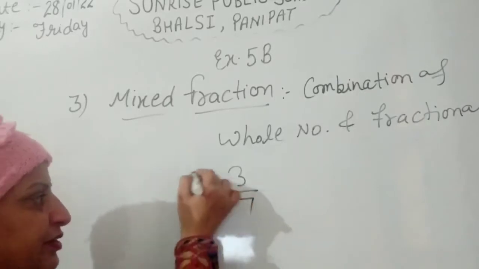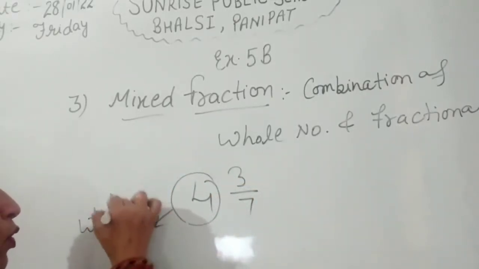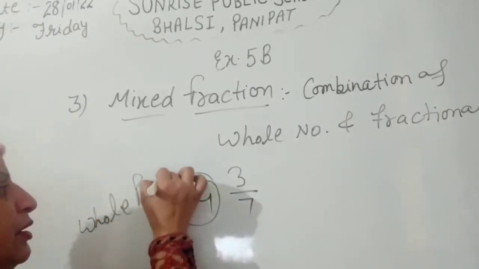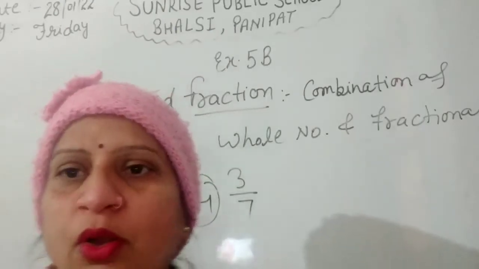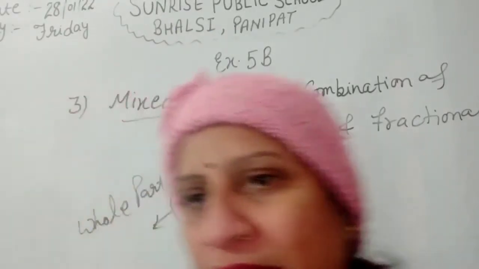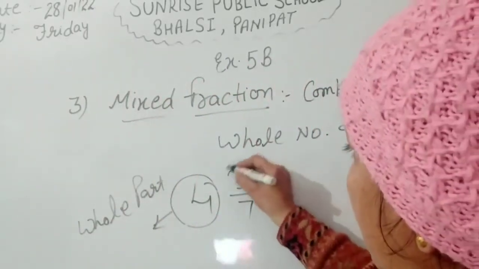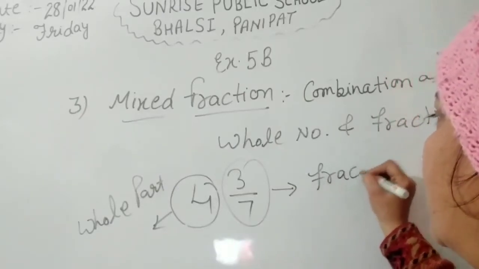In this fraction, this 4 is the whole part. Whole means complete. This 4 is a complete whole number, because 0, 1, 2, 3, 4, 5 and so on are the whole numbers. And this 3 by 7 is the fractional part.